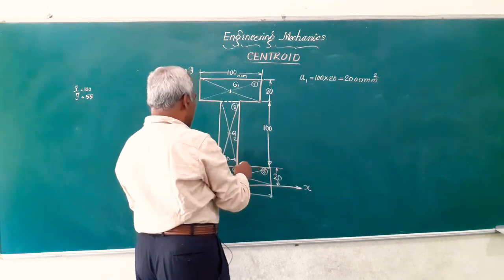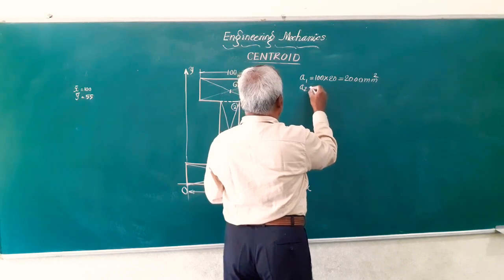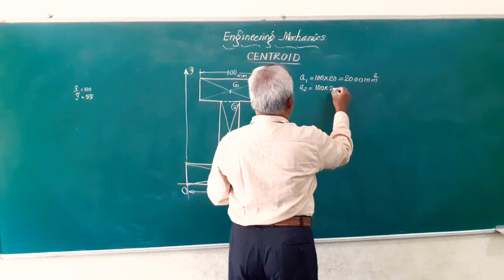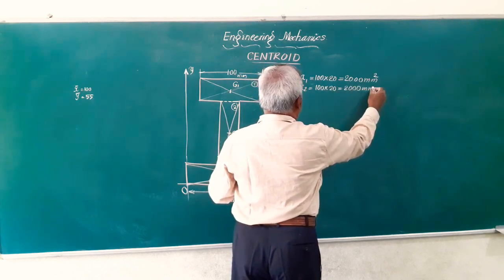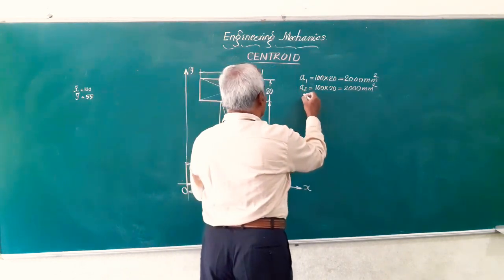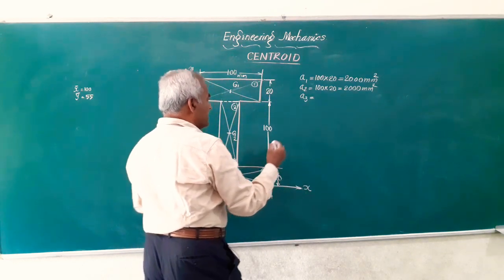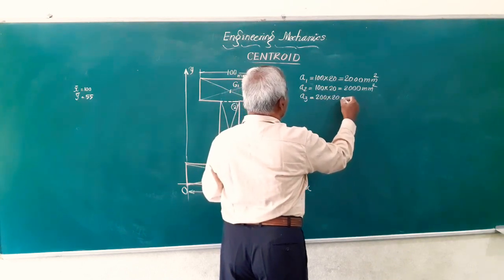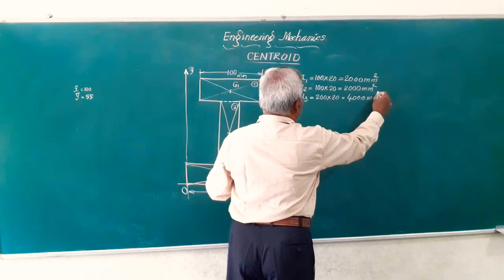Area of the second rectangle, A2, is 100 multiplied by 20, again 2000 square millimeter. Finally, the third rectangle has area A3 equal to 200 multiplied by 20, which is 4000 square millimeter.